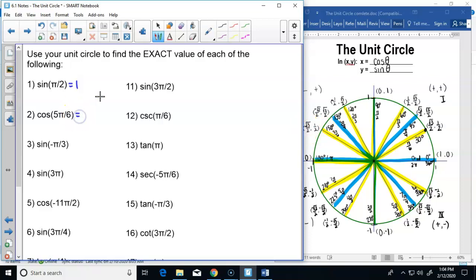So that would be negative square root of 3 over 2. So if I'm an ancient mathematician that needs to know cosine of 5 pi over 6 for my mathematical studies, then I know that value without having to have a calculator. Okay? All right.